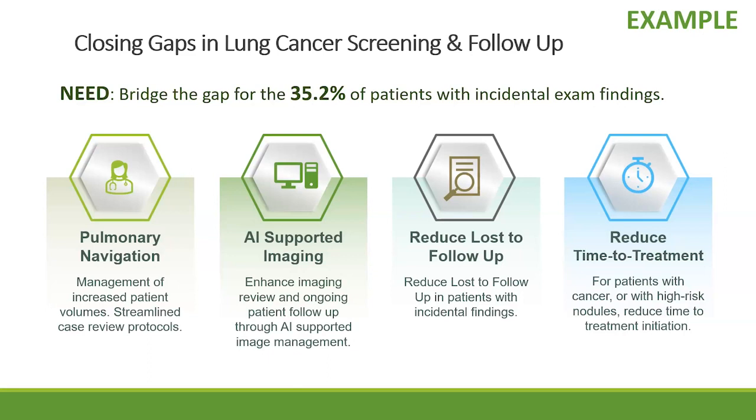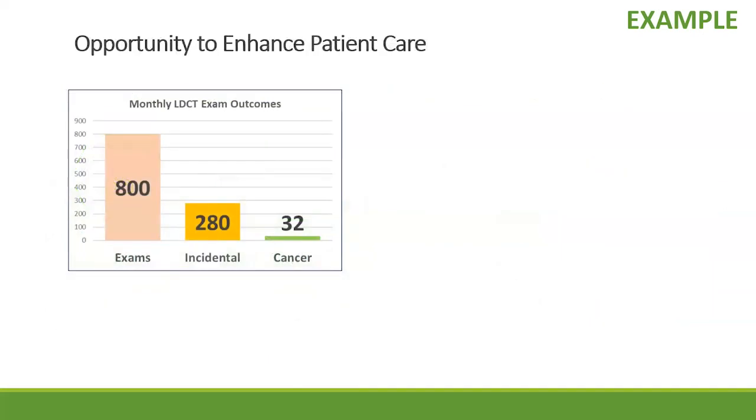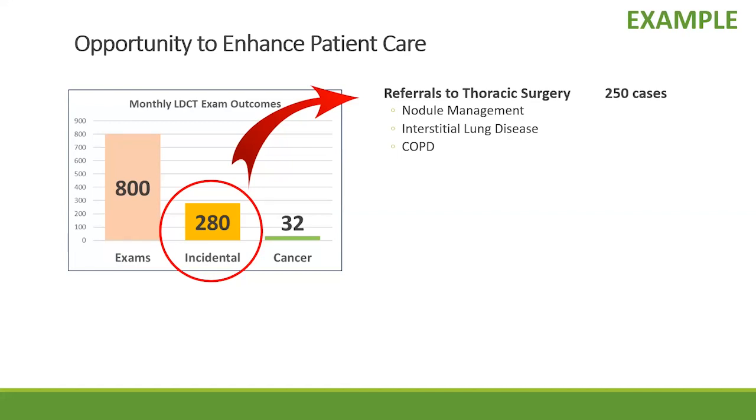So if we look at those 280 patients and we look at what's the opportunity to enhance patient care for those 280 patients, according to the literature, what we would expect to find out of those 280 patients that have a finding on exam that needs to be addressed, and there's overlap here, so the numbers are going to be higher than what it looks like.